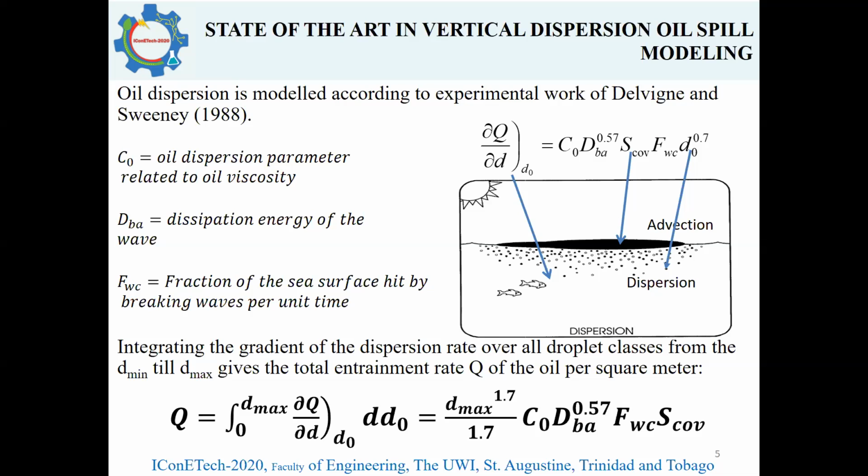So SCOV will be the coverage of the oil on the sea surface, your dispersion size of the oil droplet particle. And then we're looking at the rate at which the oil is moving through the water. So this empirical equation is used by many authors to determine the underwater movement of oil.